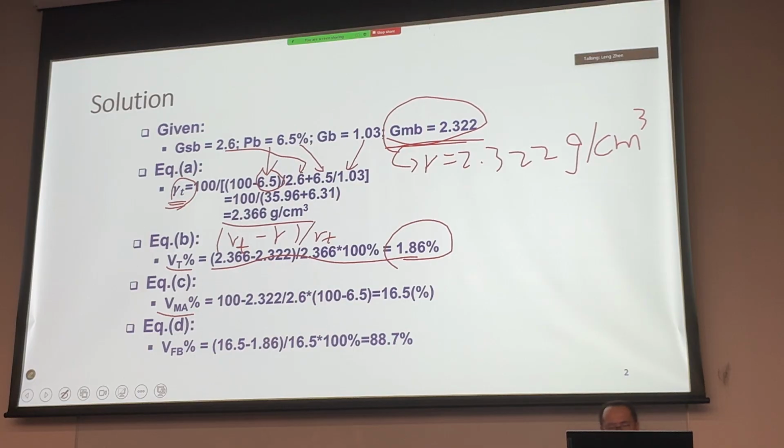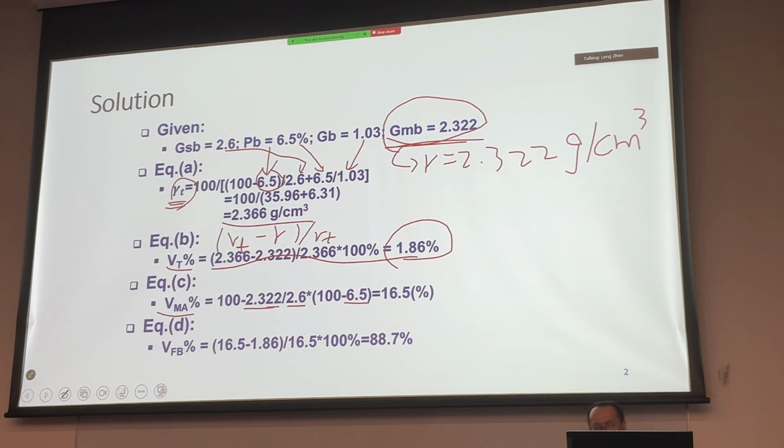So next we are asked to calculate VMA. Then you can further check what's the equation for calculating VMA, and plug in all the necessary values. In this equation, actually we need the bulk density here, 2.322. We also need the specific gravity of the aggregate, times 100 minus the binder content.